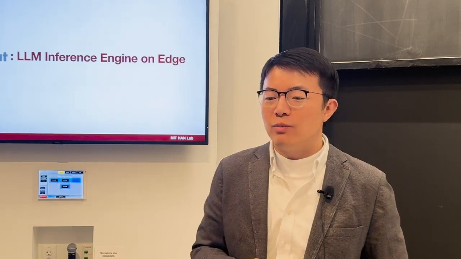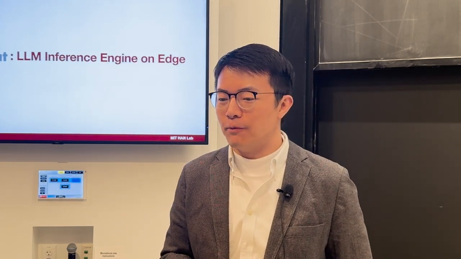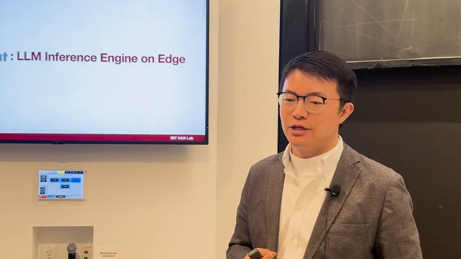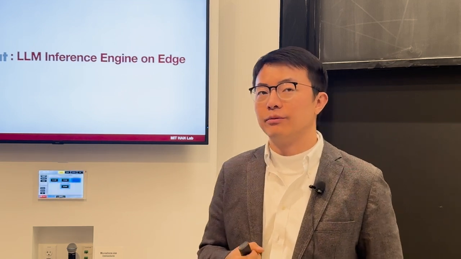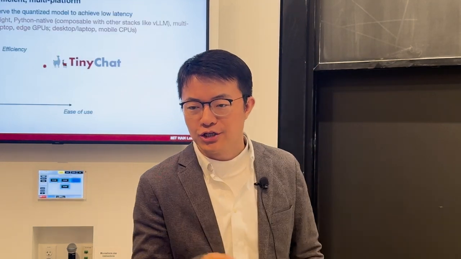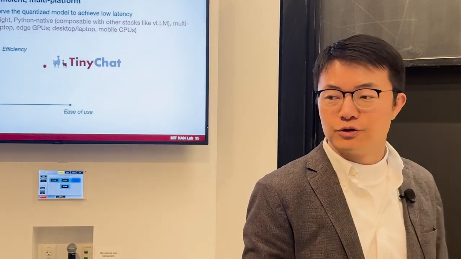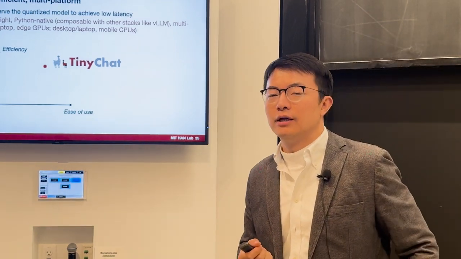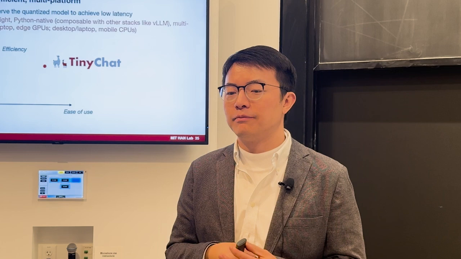Okay, so how do we implement the 4-bit AWQ model? We have a developer engine called TinyChat, our inference engine on the edge device. TinyChat is a lightweight large language model inference engine based on Python.